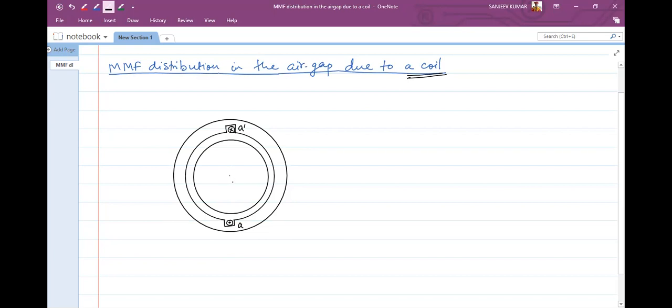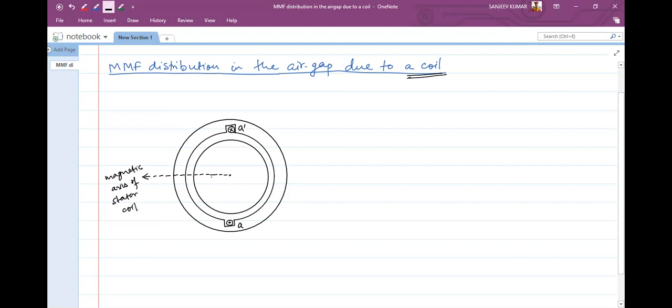Now this will be the magnetic axis of the stator coil. Now we draw the magnetic axis of the stator coil like this. This is the magnetic axis of the stator coil.